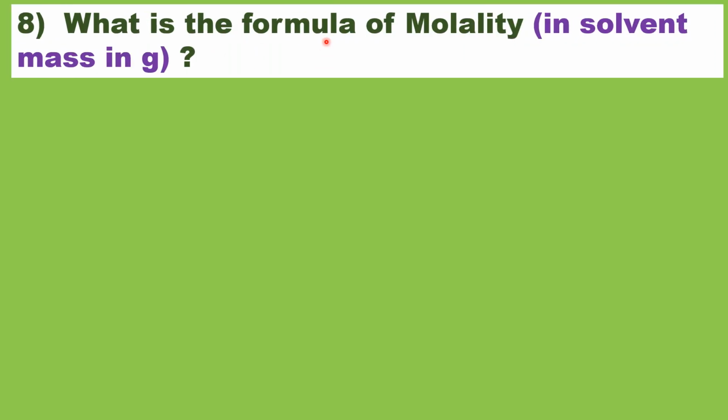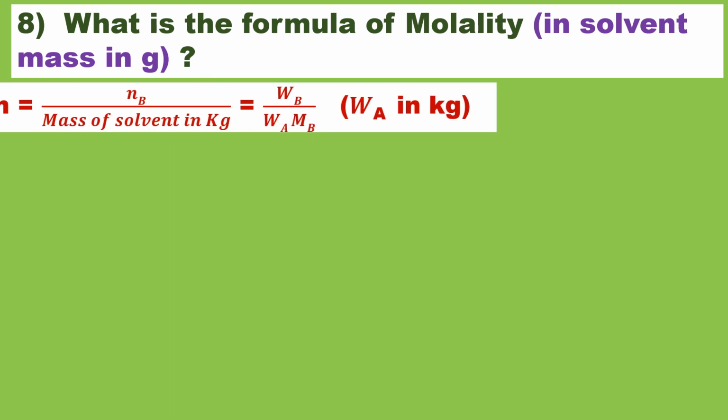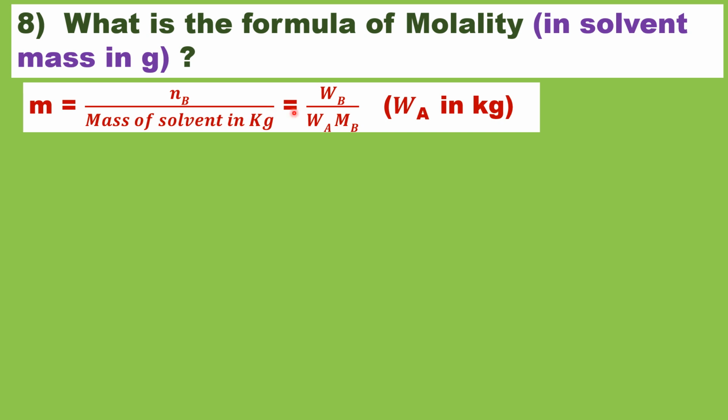Now, what is the formula used for calculation of molality with solvent mass in gram instead of kilogram? Usually in exams it is given in grams, not in kilograms. So, let us first take nB. What is nB? nB equals weight by molecular mass.